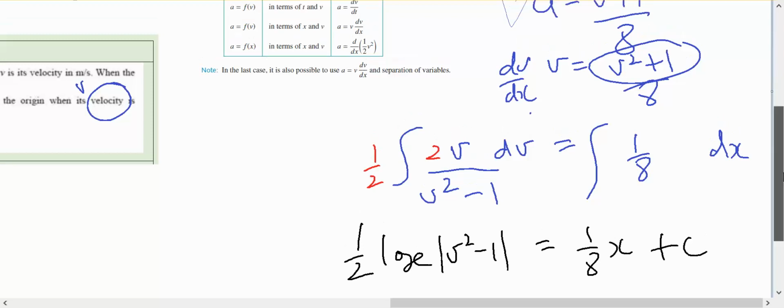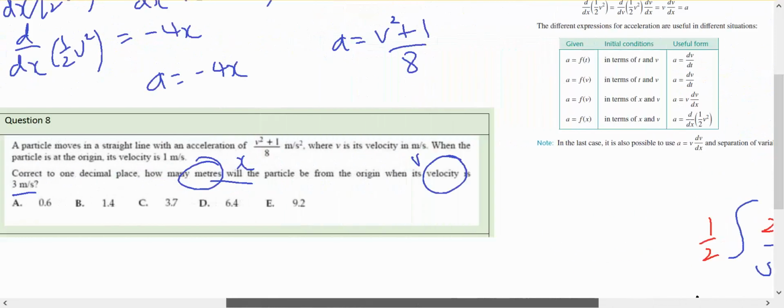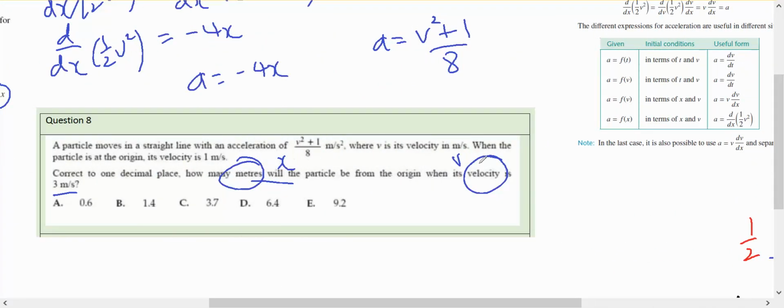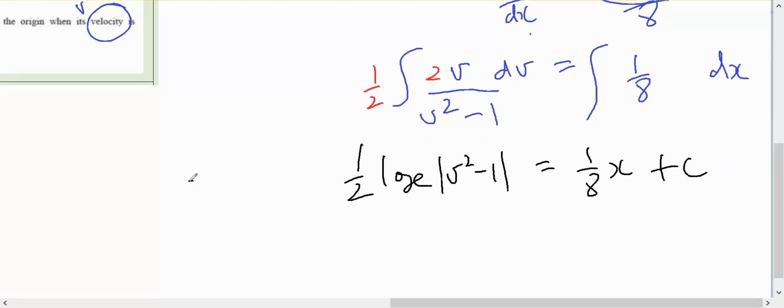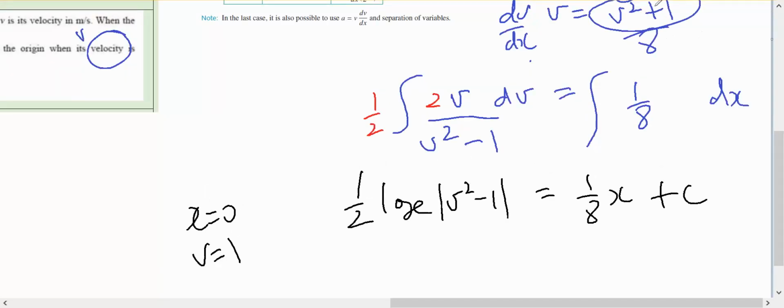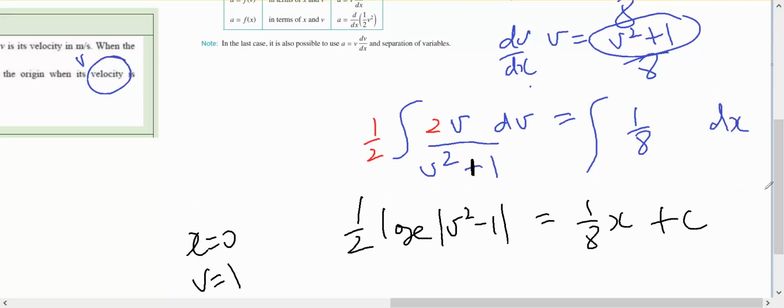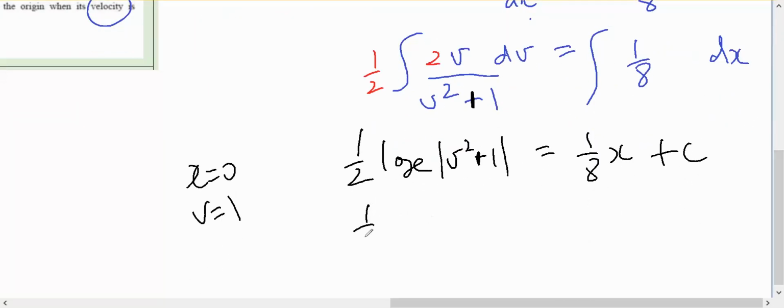I know in this question that when the particle is at the origin, the velocity is 1. So when x equals 0, v equals 1. So a half log base e of 2 equals 0 plus c.